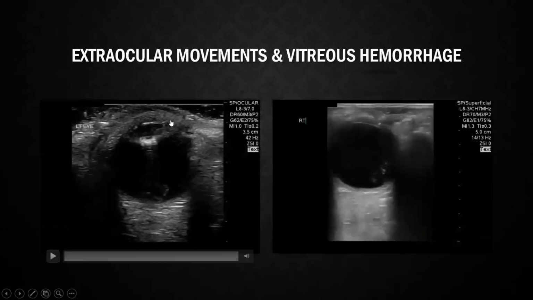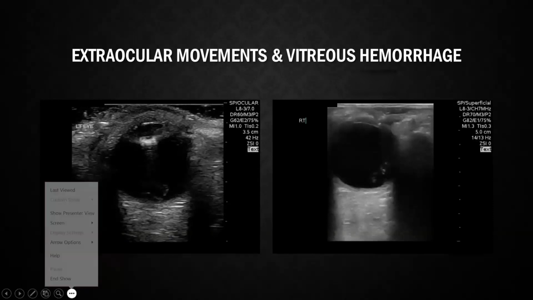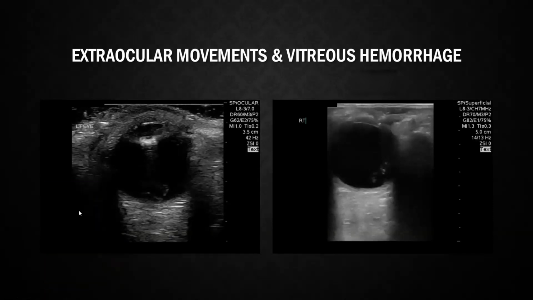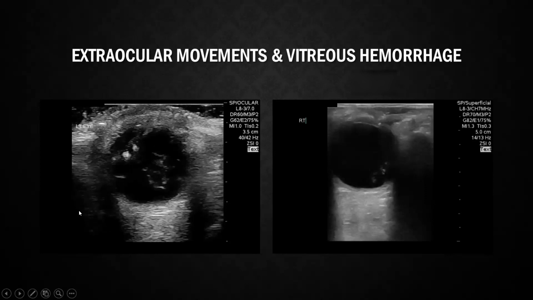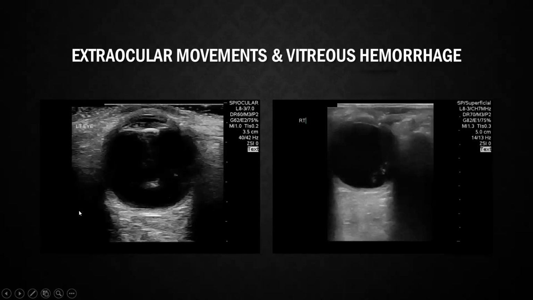And then on this slide, we're going to talk a little bit about extraocular movements and vitreous hemorrhage. So same thing as the last slide, with extraocular movements, you might not be able to assess very well when someone has significant swelling. And this video obviously has a very obvious abnormality in the posterior chamber.